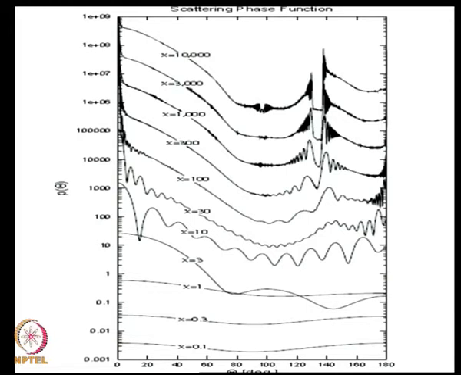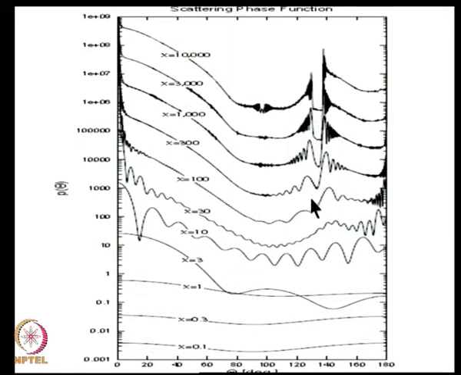What you see is that when the size parameter is of the order of 1 or small really, the behavior of scattering is rather uniform, but as you go to size parameter in the range of 100 to 1000 to 10,000, there are very interesting resonance kind of phenomena, where there is a sudden sharp rise in the value of scattering at a given angle.